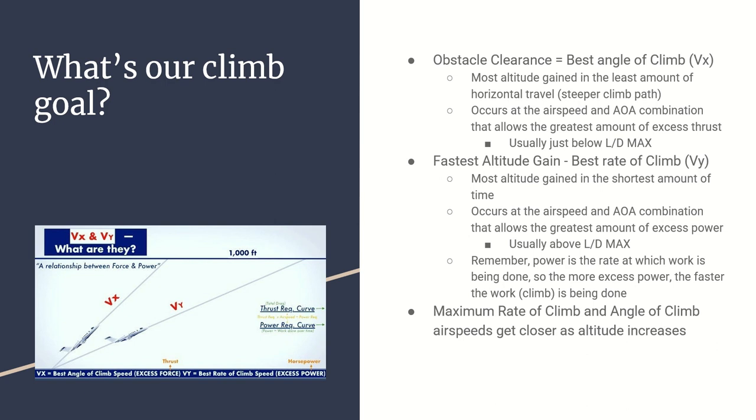Once they become the same airspeed, we reach what's called the service ceiling, which is an area where we can no longer climb at a rate greater than 100 feet per minute. And if you really tested that, you could get to the absolute ceiling, which is where the airplane just won't climb at all anymore. Okay, so some notes on that.